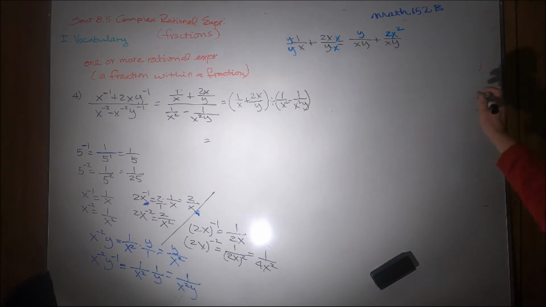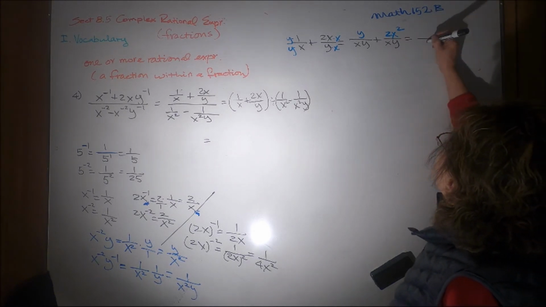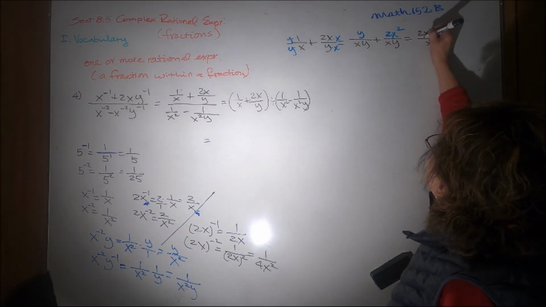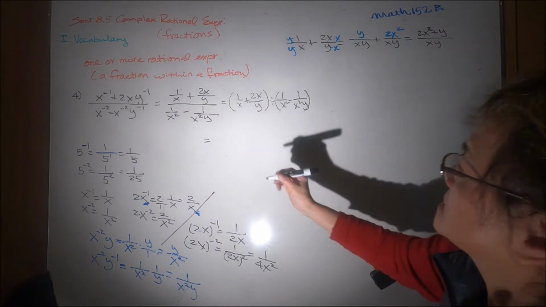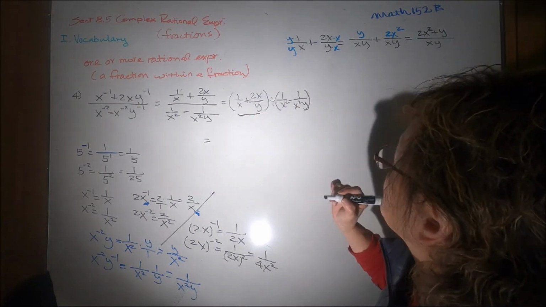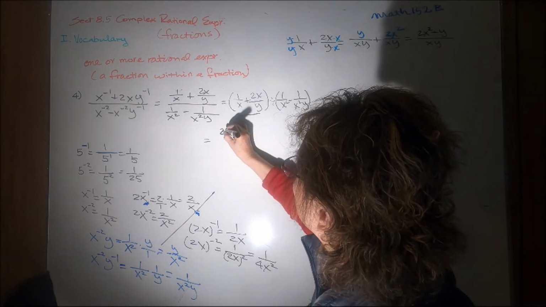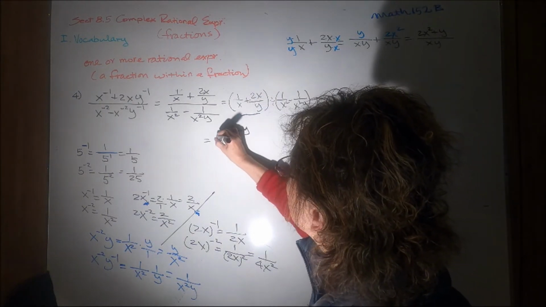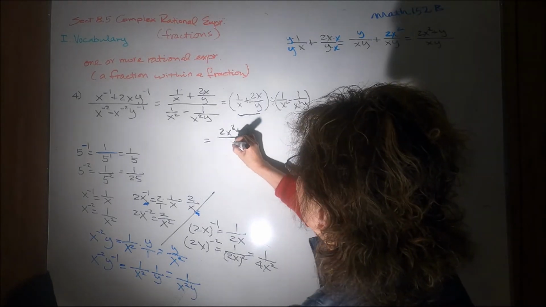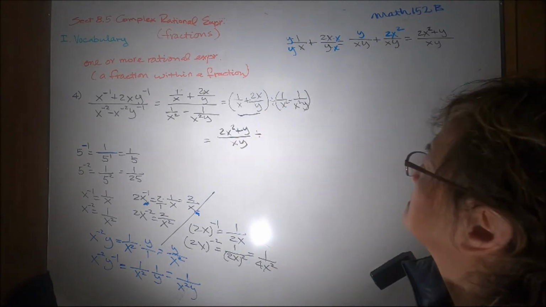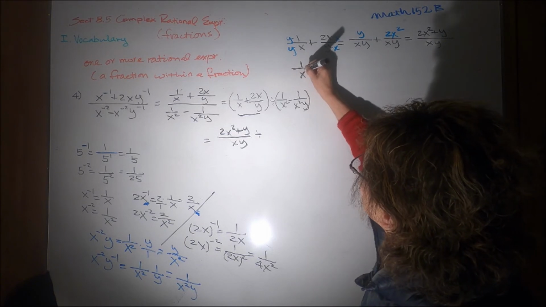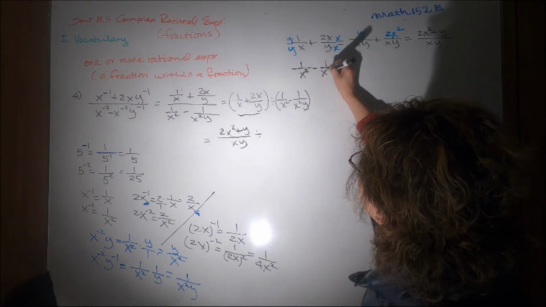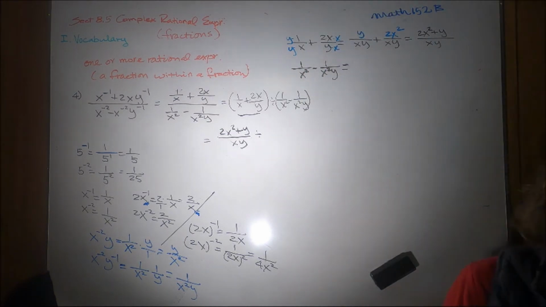So we have the same denominator, we can just combine the numerators. So for the first fraction, we shall have 2x squared plus y divided by xy, right? Then for the second one, we shall have 1 minus x squared y, right?